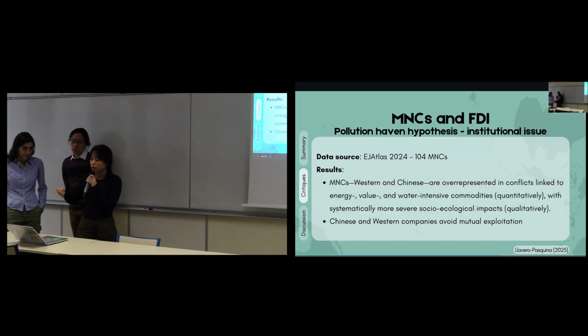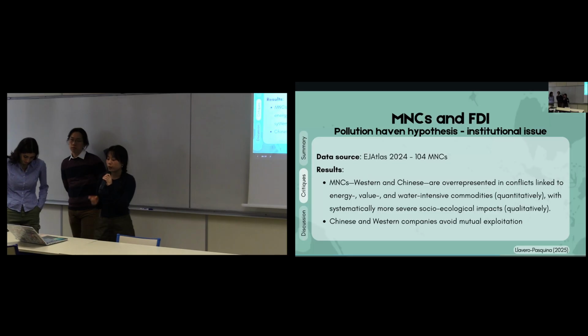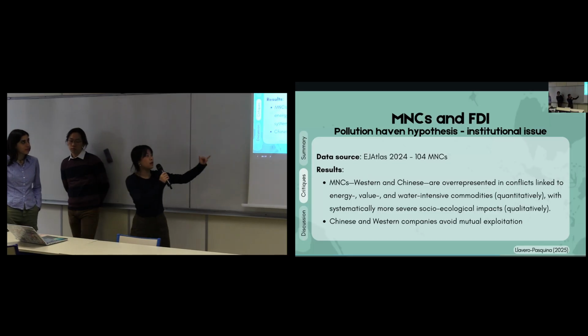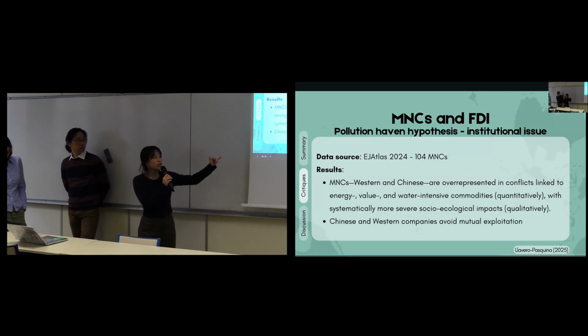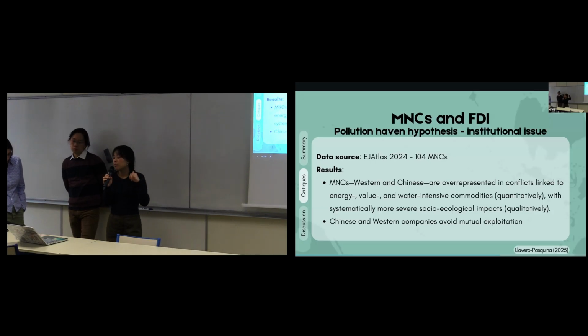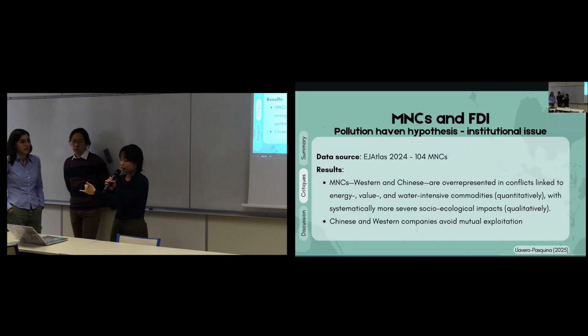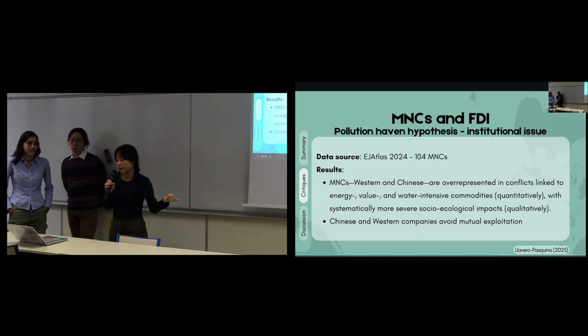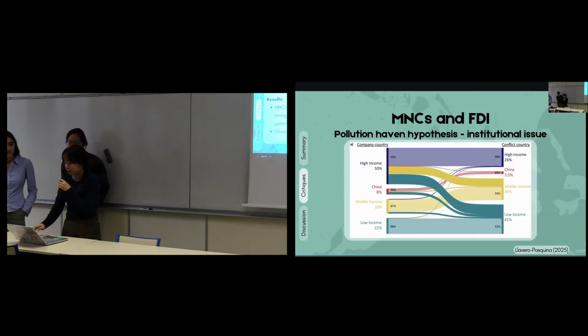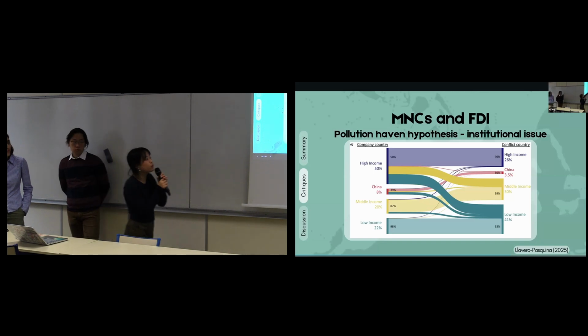So you can see how multinational corporations are represented in this picture, both quantitatively and qualitatively. And what is even more interesting is that they found Chinese and Western companies avoid mutual exploitation, meaning that Western companies cannot exploit China, and China cannot exploit the West. So they all put their presence on lower and middle income countries.